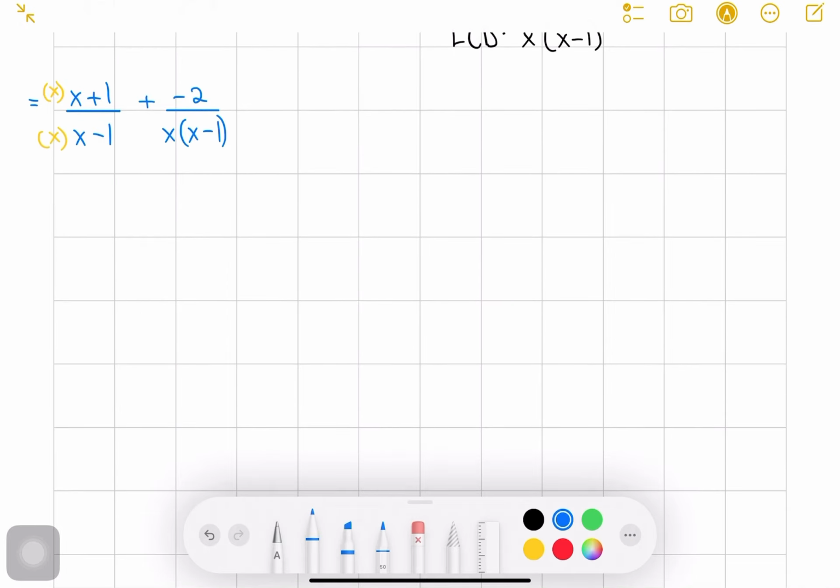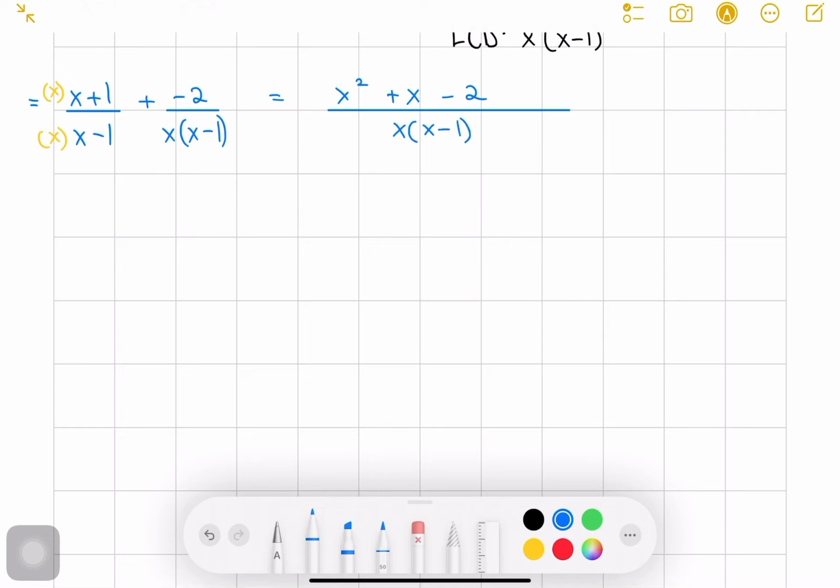And we will have x squared plus x over, and we can make this a long bar because these two are essentially the same now. So we can put them over one common long bar, minus 2 over x times x minus 1.